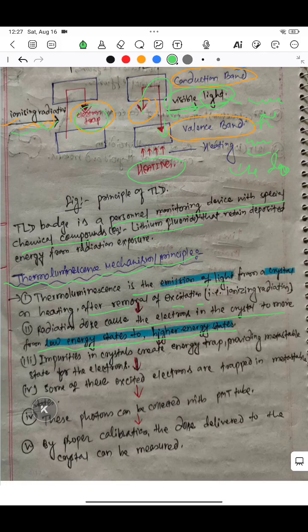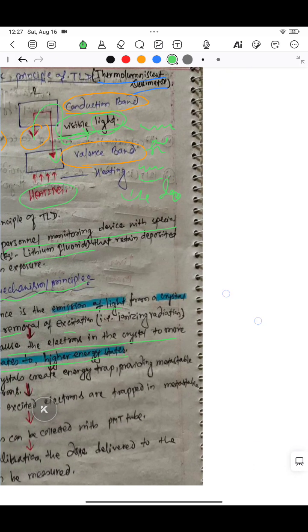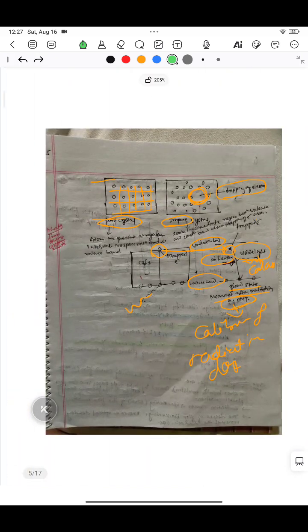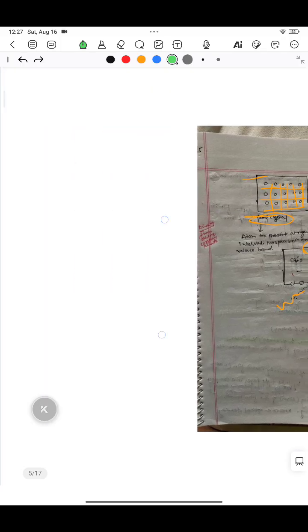So a radiation dose causes the electrons in the crystal to move from the low energy state to the high energy state. Impurities in the crystal, as I have shown in the previous picture, are here, so the electron is trapped.